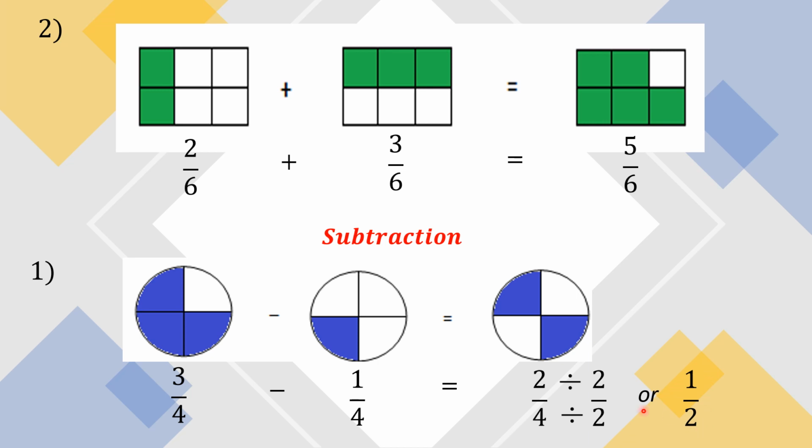Why 1/2? Because 2 divided by 2 is equal to 1, and then 4 divided by 2 is equal to 2. So you can get the answer of 1/2. So 2/4 is equivalent to 1/2.